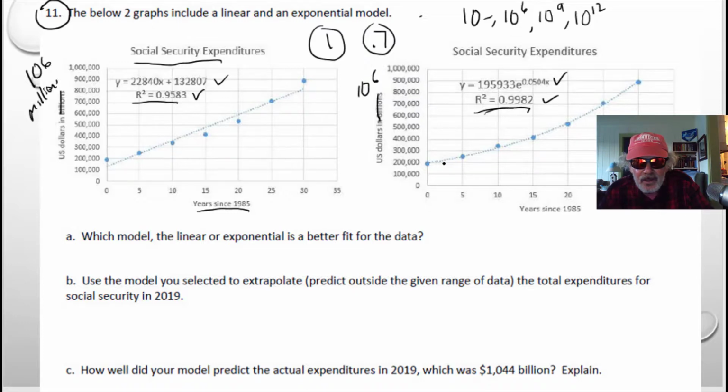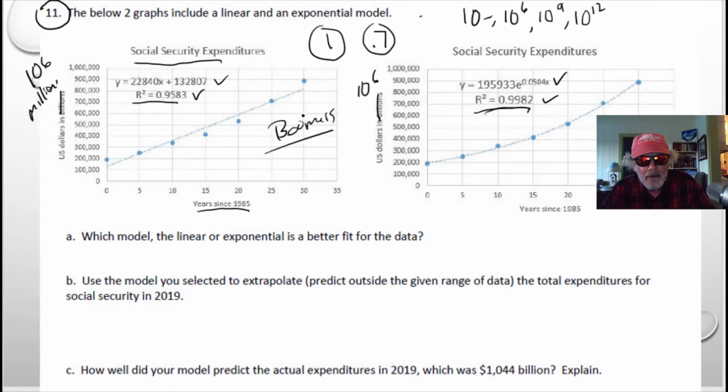You can see that the model or the equation is really closely following the data. Here the model follows the data, but it kind of falls off, and it looks like it's starting to expand. The amount of money we spend on Social Security is starting to expand pretty rapidly, and it is because of the retirement of the boomers.